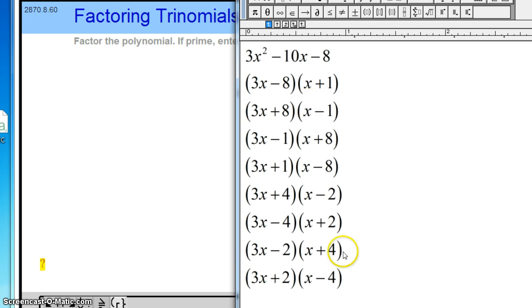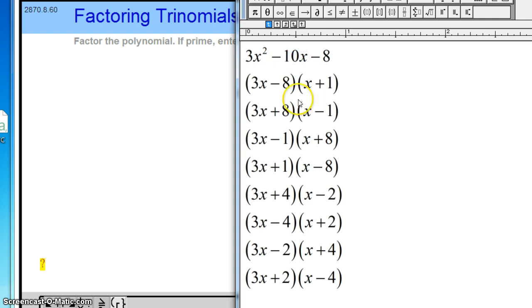So we use the information we have, and one of these is our answer. We're looking at the answer right now. We just have to figure out which one it is. We know that the last terms multiply to this. We know that the sum of the O and the I of FOIL, outer, meaning 3x and 1, and then -8 and x, the sum will be -10.